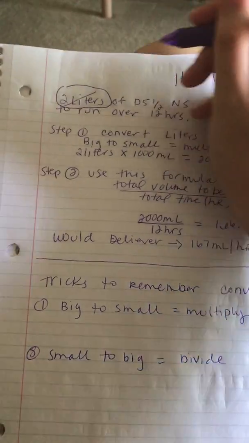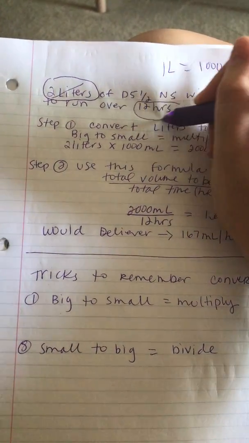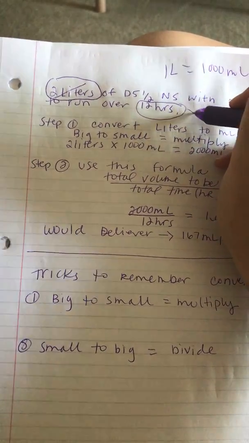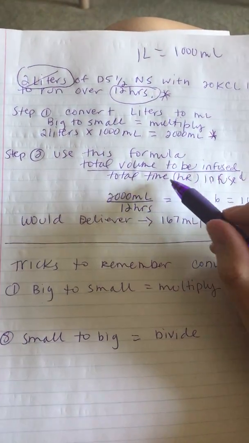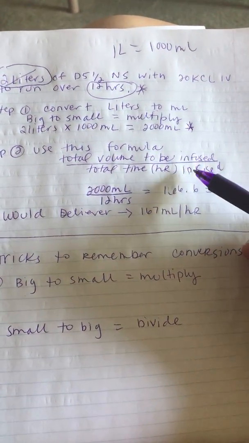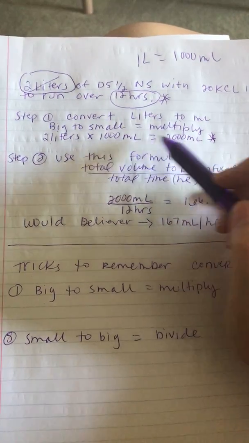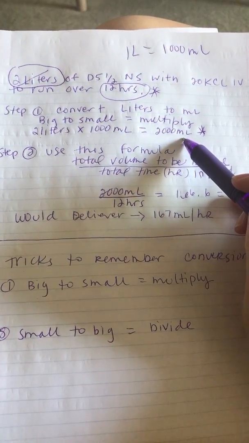Now we're looking for the hours to be infused. So this is our next one. We're going to go down here and plug these numbers in that we have. So we have the 2 liters times 1,000 milliliters gives us the 2,000 milliliters, okay?